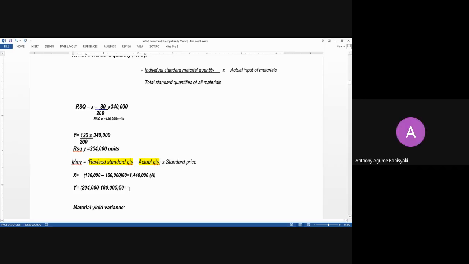Then for this 1.2, favorable. So for this one is 1.2 million, and it is favorable.